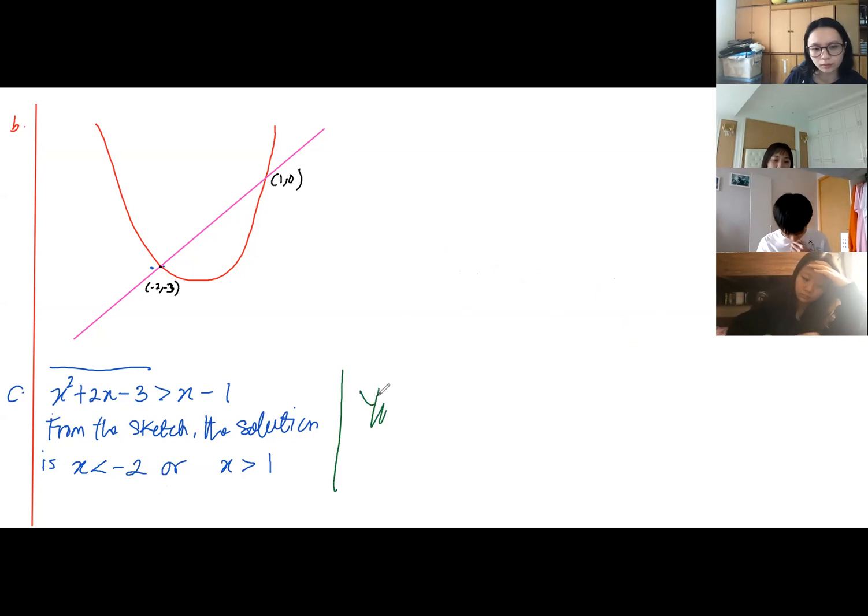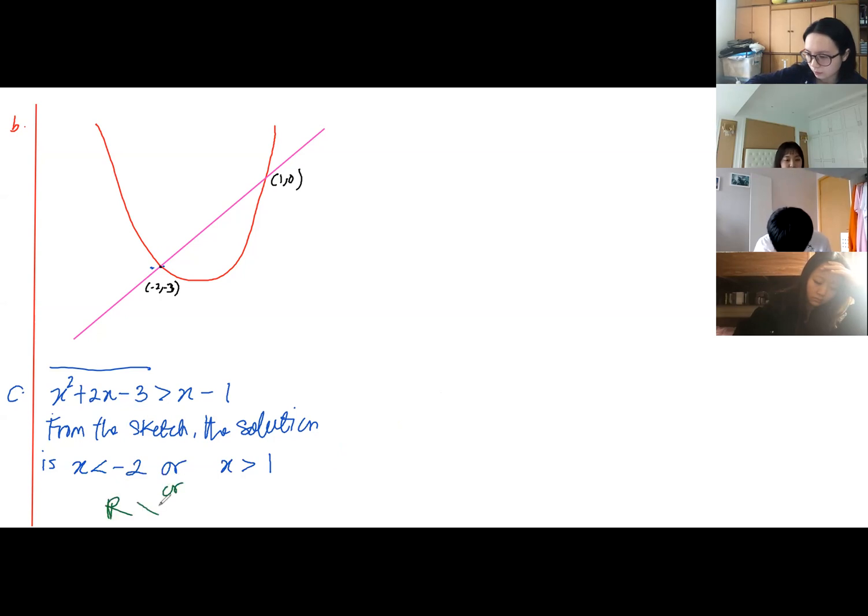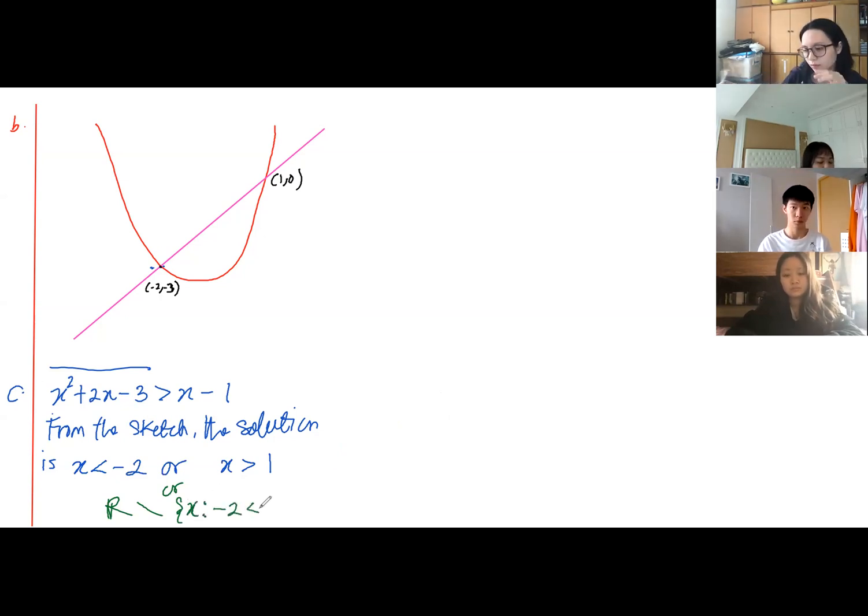You could also say, this is C, the answer for C. So we could also say the set of real numbers except x in this range. Do you agree? That's another way to say it.